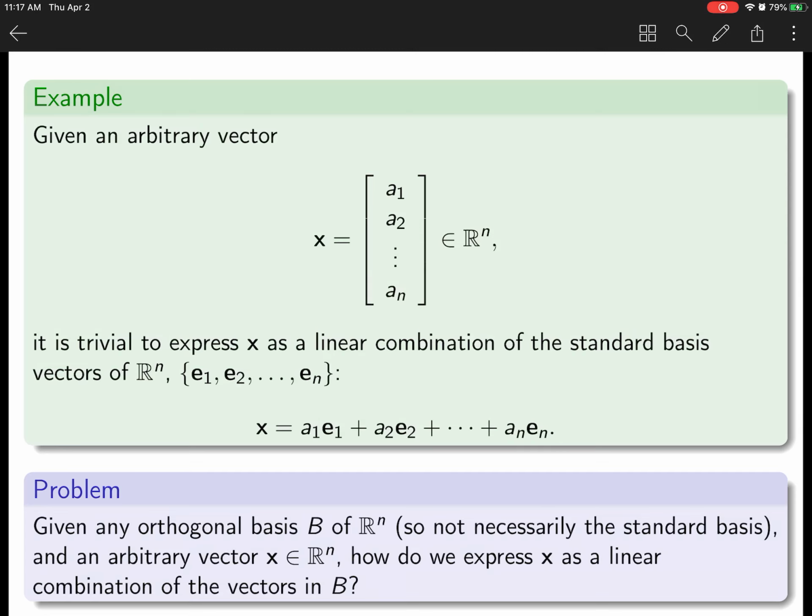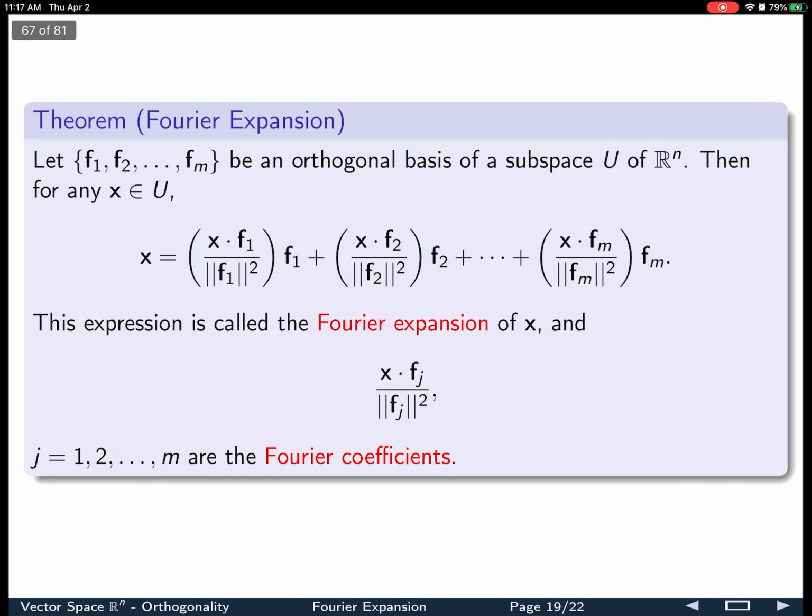So a problem is if we have an orthogonal basis B that is not the standard basis, and we have an arbitrary vector x, how do we express x as a linear combination of the vectors in B? Our book uses the term Fourier expansion to highlight what's going on here.